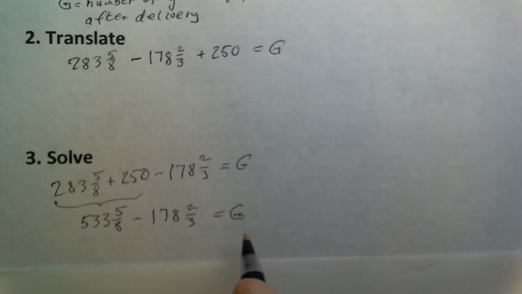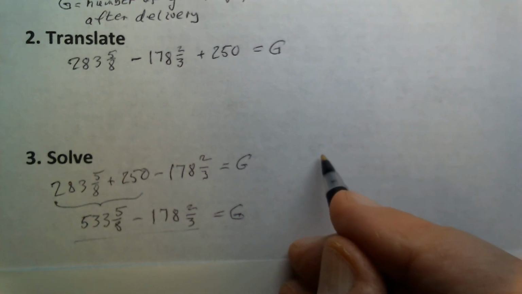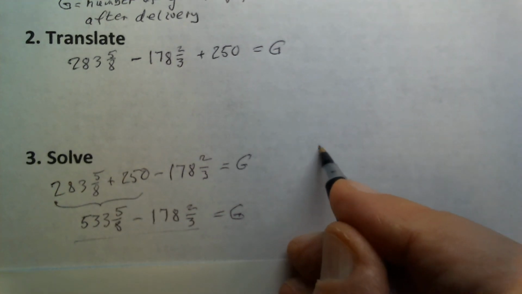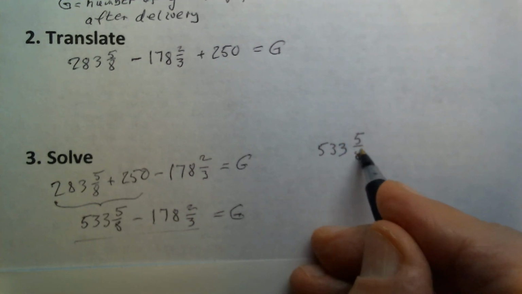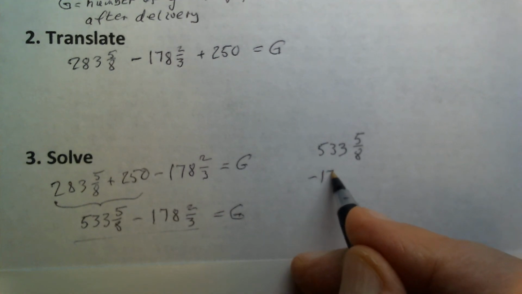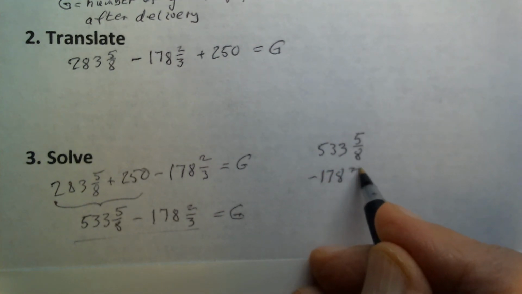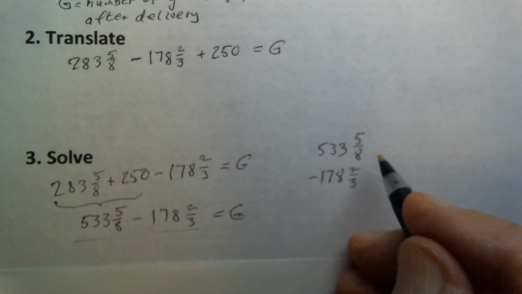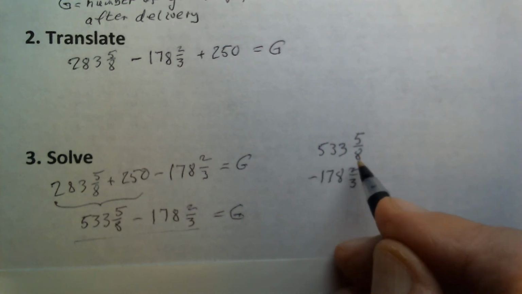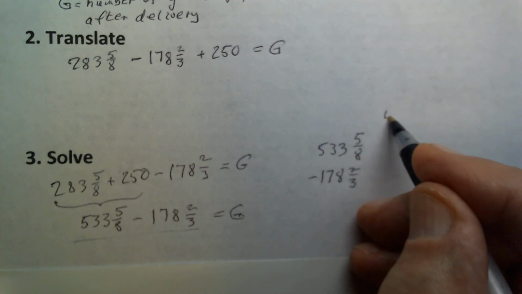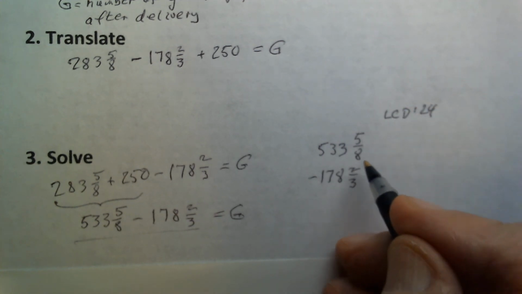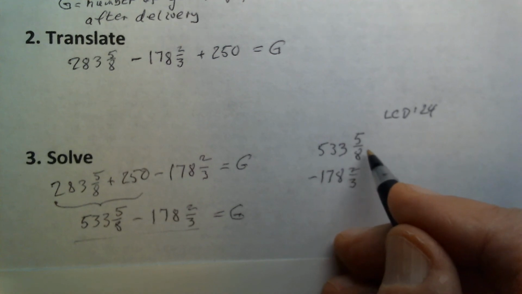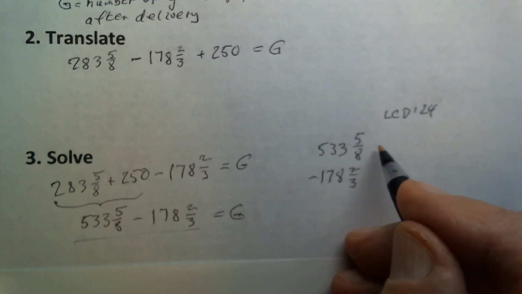So let's write these two mixed numerals in the format we're familiar with. So 533 and 5/8 minus 178 and 2/3. So the least common denominator for 8 and 3 is 24. So the LCD is 24. That means for the fractional part, we need to multiply by 3 divided by 3.